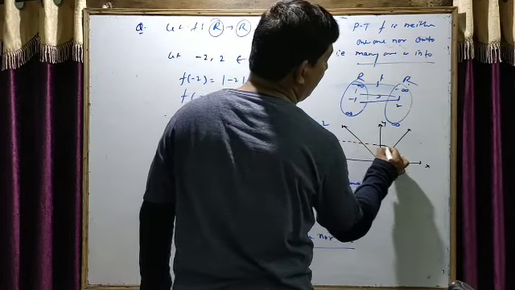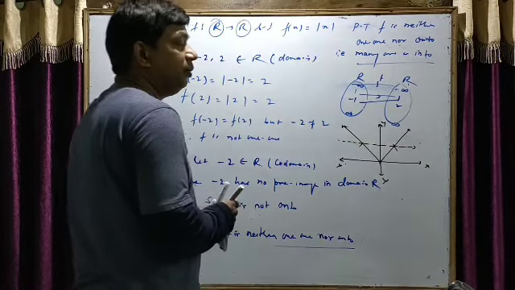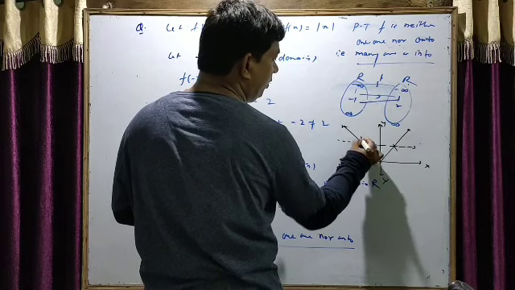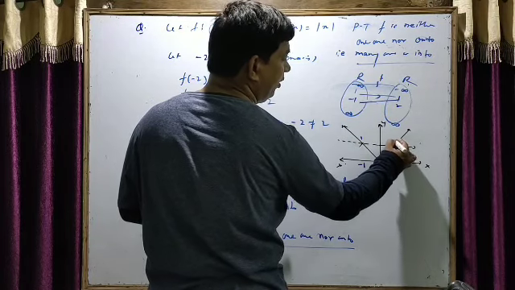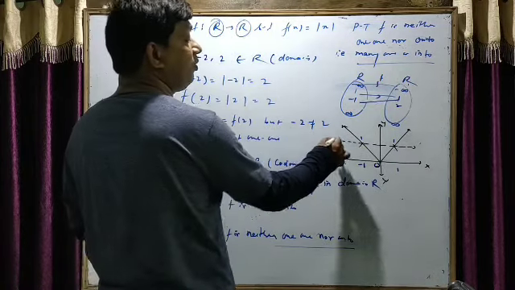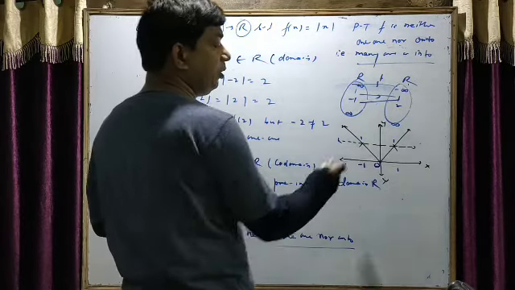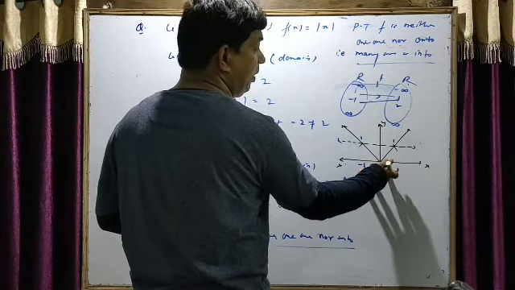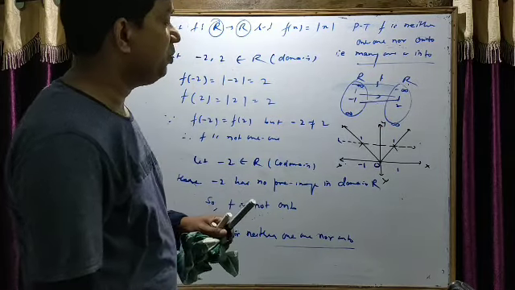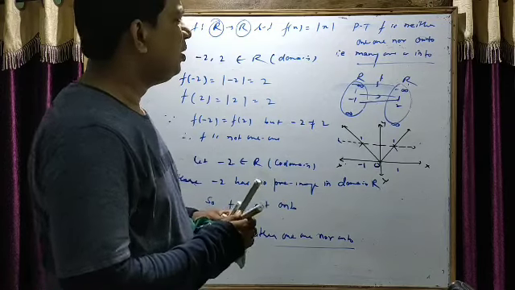If you draw one line parallel to the x-axis, and the graph line intersects in two distinct points, then what does it mean? It means if it is minus 1, the answer is 1, and if it is plus 1, then the answer is plus 1. So this is not the case of one-one, because two distinct elements have the same image, so it is many-one. So by graph also we can check whether it is many-one or one-one, that I already explained.